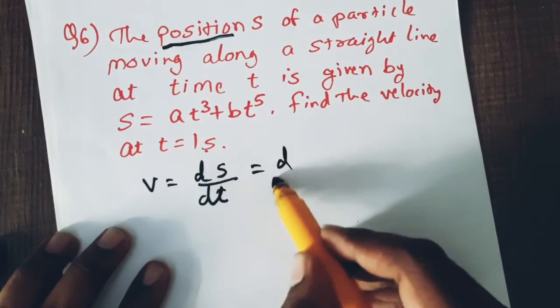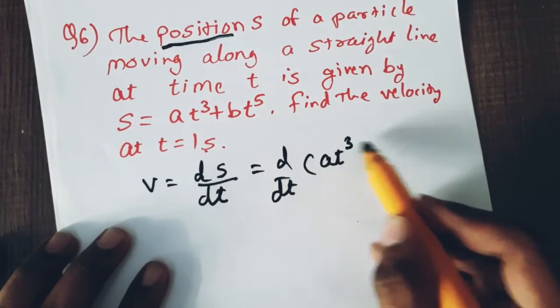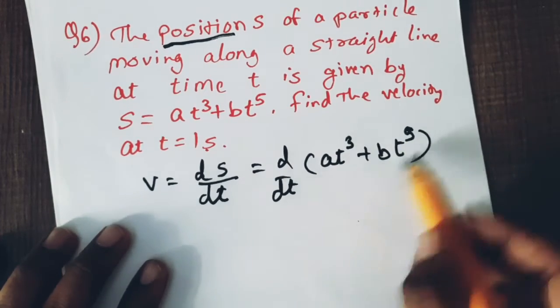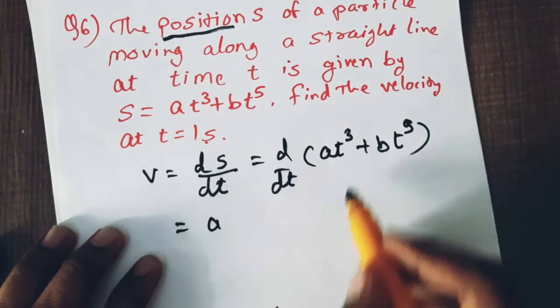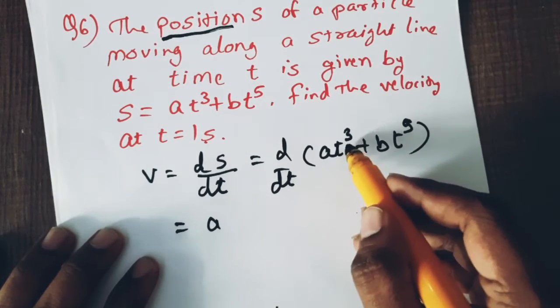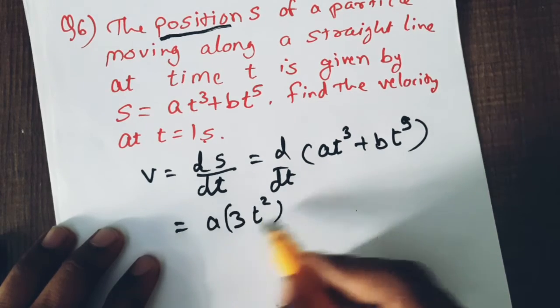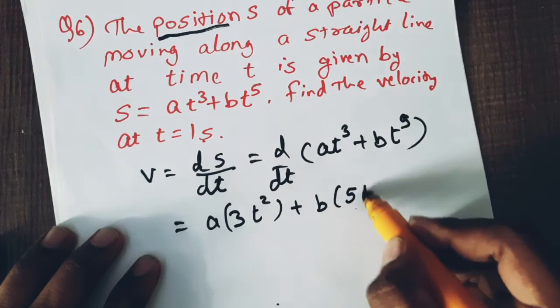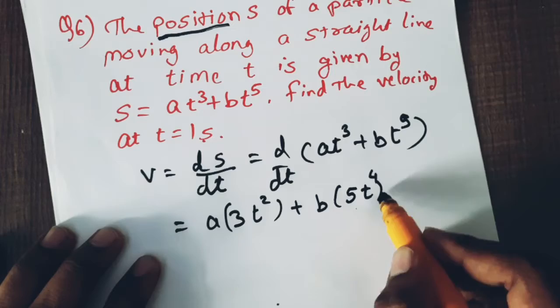So we differentiate d by dt of at cube plus bt raised to 5. Since a and b are constants, forget about a and b. The derivative of t cube is 3t square, plus b times the derivative of t raised to 5, which is 5t raised to 4.